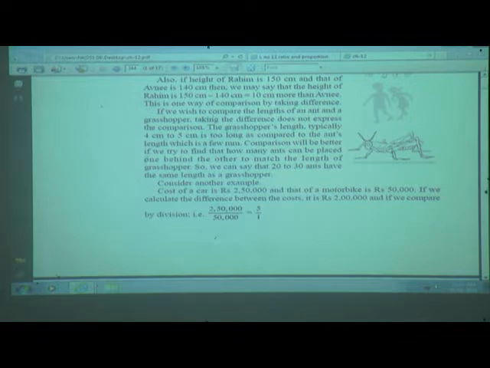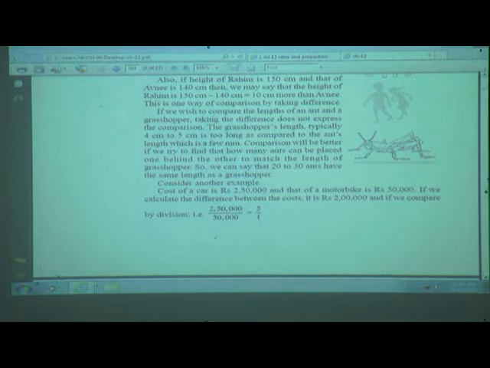Comparison will be better if we try to find out how many ants can be placed one behind the other to match the length of the grasshopper. So we can place as many ants beside the grasshopper to find the equal length.